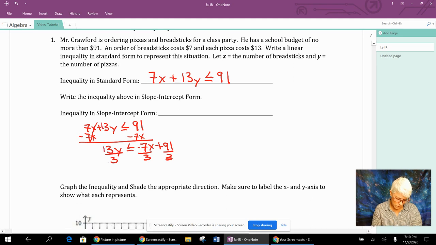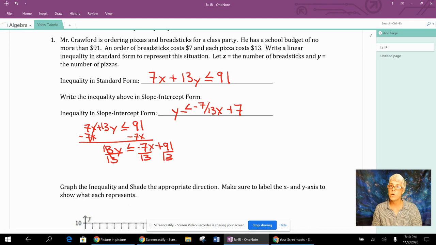Whoops, that I almost messed up on. Okay, so we're going to get rid of that. And now I have y is less than or equal to negative 7 over 13 x plus 7, and 91 divided by 13 is a perfect 7. How nice is that?